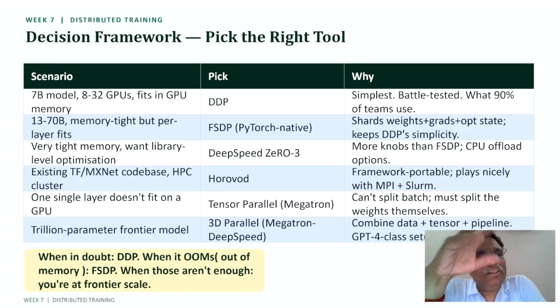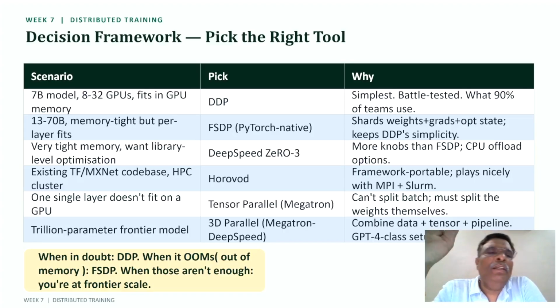If there is a situation where a single layer doesn't fit on a GPU, we go for tensor parallel. And for trillion-parameter frontier models, we go for 3D parallel, which means we combine data plus tensor plus pipeline. Nowadays we should undoubtedly use DDP, and when we encounter out of memory issues, we go for FSDP.